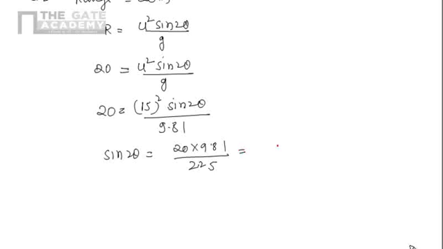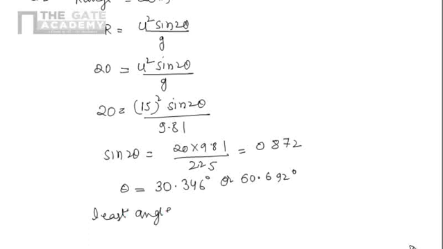This value will come around 0.872. So theta will be 30.346 degree or 60.692 degree. So the least angle of projection will be 30.346 degree.